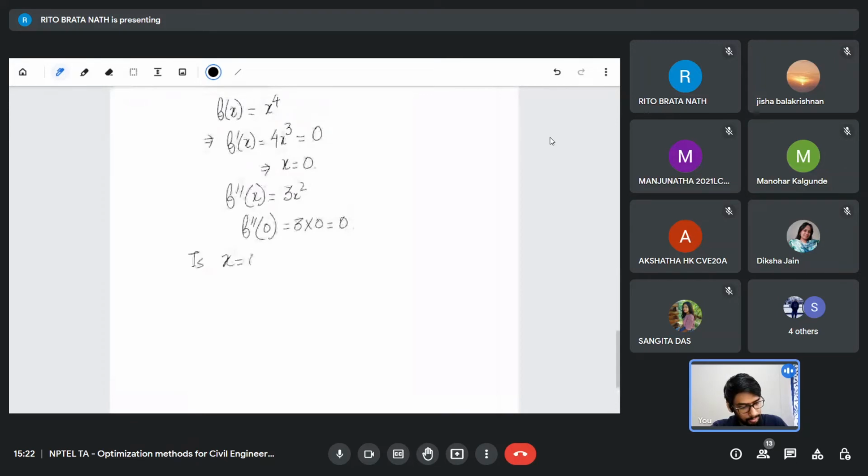So now, is x equals 0 a point of inflection here?